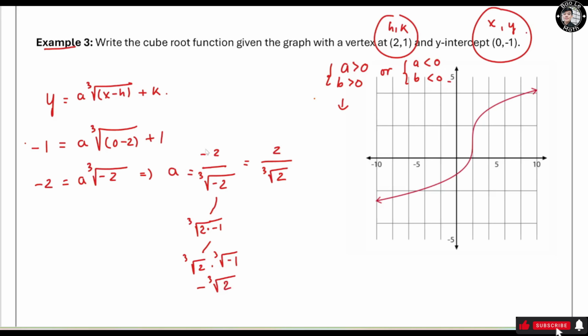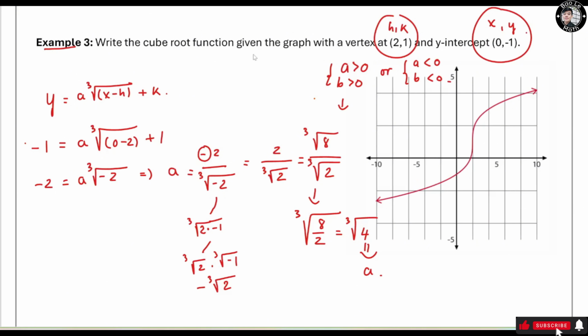And you have a negative sign right here, so they cancel out, so we only have this one. Now we're going to simplify this one. 2 can be written as the cube root of 8, divided by the cube root of 2, so it's going to be the cube root of 8 over 2, which is the cube root of 4. So this one is the value of a.